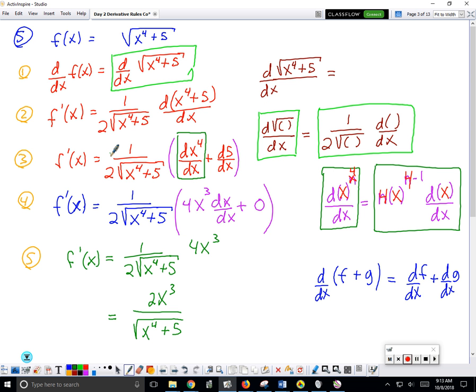Rachel, question? Where does the 0 come from? So right here, 2 points. It says d/dx, which means derivative, and derivative means change in y divided by change in x. So the 5 is really a y value. And what they're really saying when they write this is, think of a function whose y value is always 5.